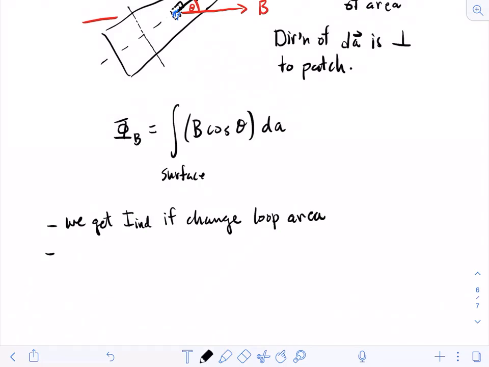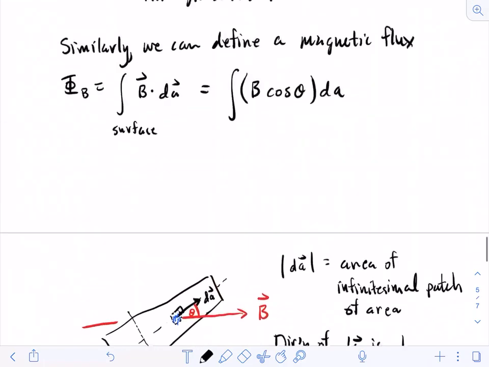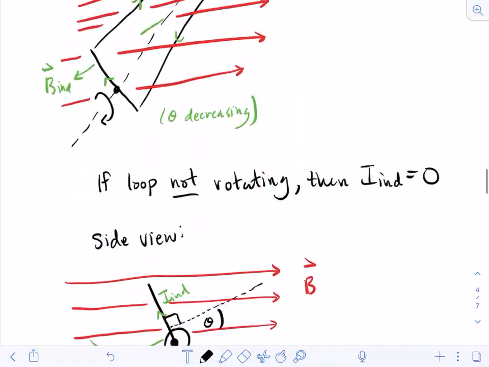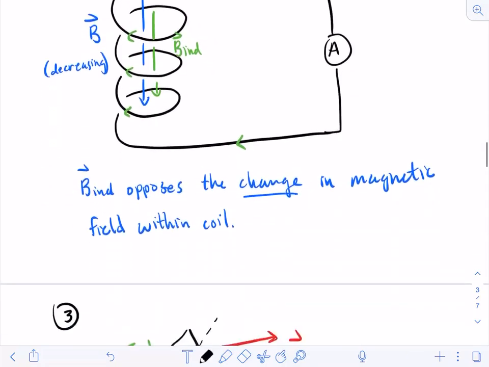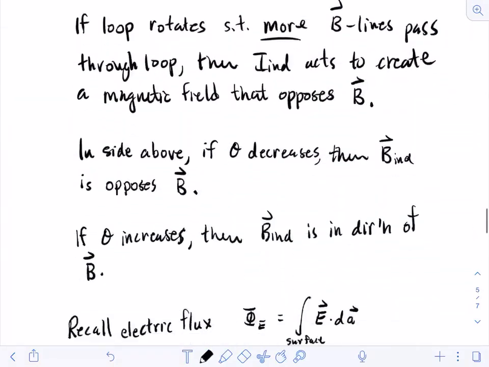Okay, the other thing we could do is we could change the strength of the magnetic field. That's what we did in our second example. We either moved a bar magnet closer to or away from some coil or some loop of wire.